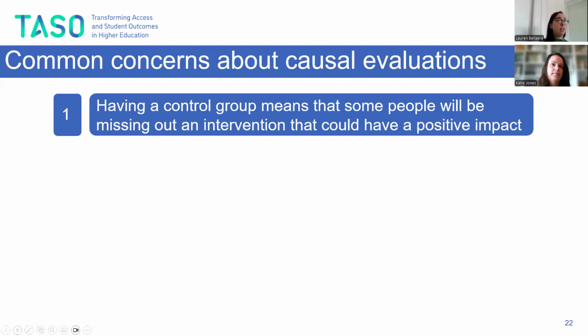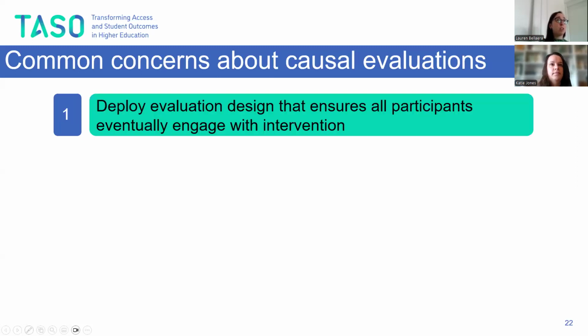Thinking about this from a methods perspective, both within your QED and in your RCTs, there are ways you can ensure that your participants eventually receive your intervention. We talk about it as a waitlist design. We will be touching upon this in the next couple of webinars, and what this means in practice and the best way to implement it.